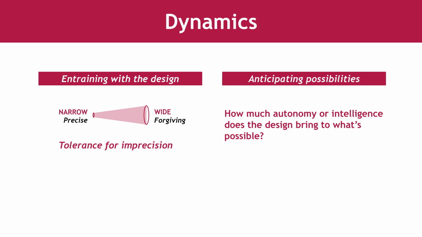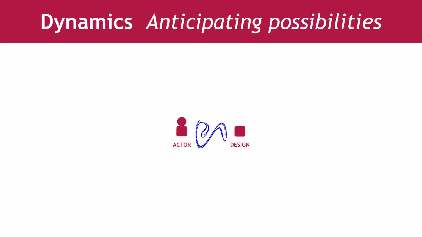And another aspect of dynamics is about the actor anticipating the possibilities for the performance with the design. That's really about how much autonomy or intelligence does the design bring to what's possible. So we think about the actor engaging the design and meaning emerging as a flow during that performance.